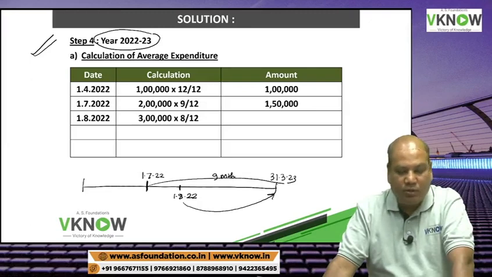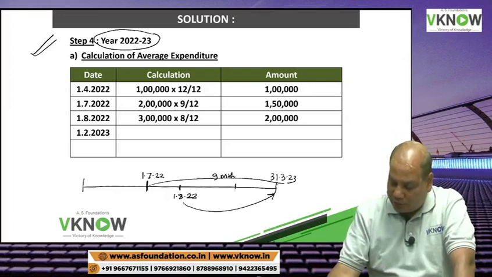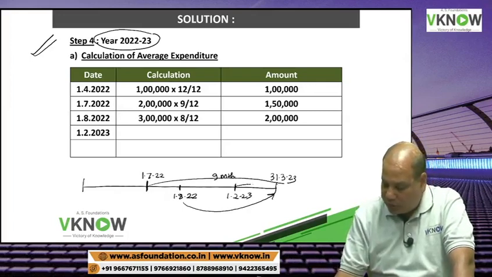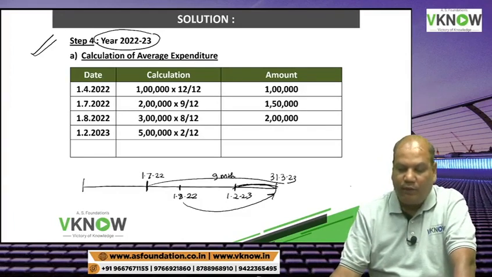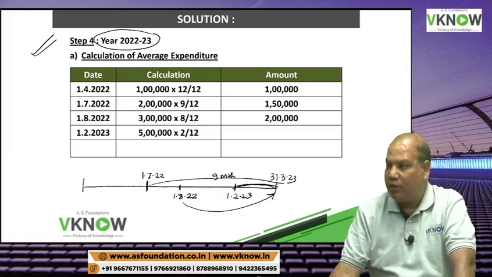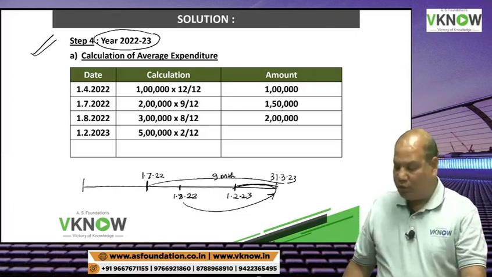How much is the answer? 2 lakh. Next expenditure was incurred here, 1st February 23. Now there is a gap of 2 months only. So you will take 5 lakh into 2 by 12. Come on, give me the answer.